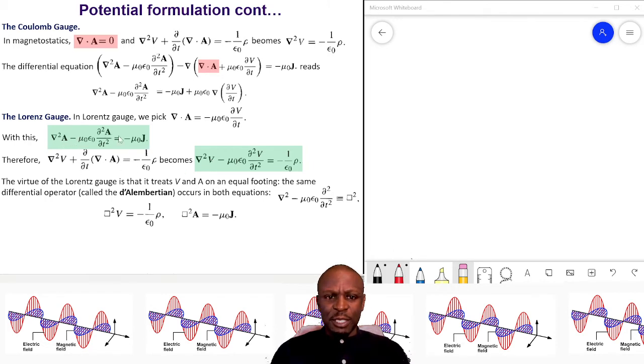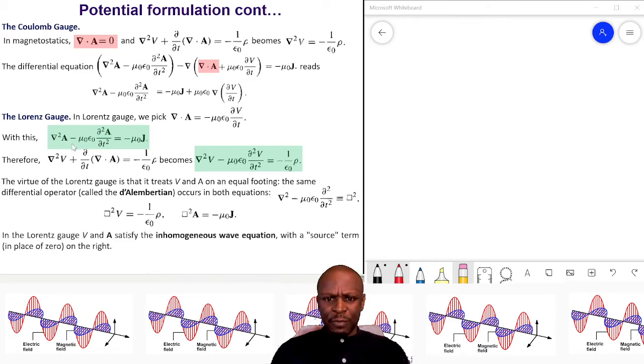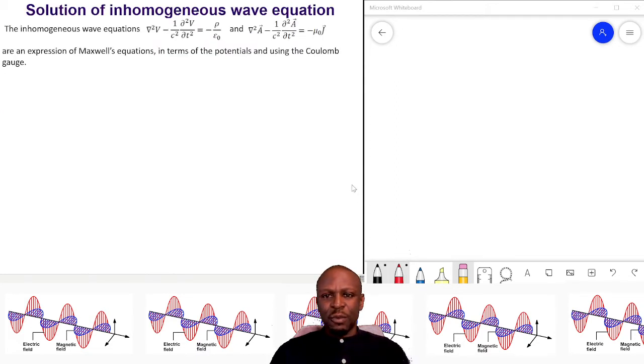So we have two equations here for the potentials, which are showing that they are wave equations. Now, with that, we can see that the scalar potential and the vector potential satisfy an inhomogeneous wave equation with a source term. The source term, which is the charge density or the current density, is given on the right. So this is nothing else but an inhomogeneous wave equation.